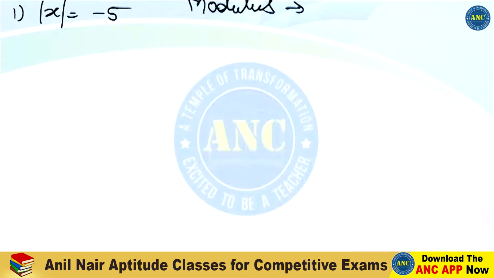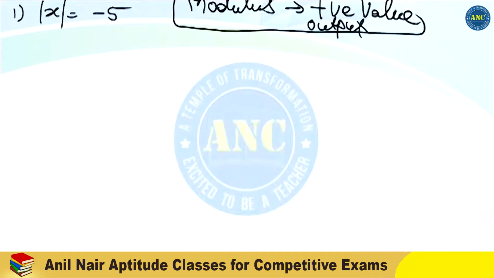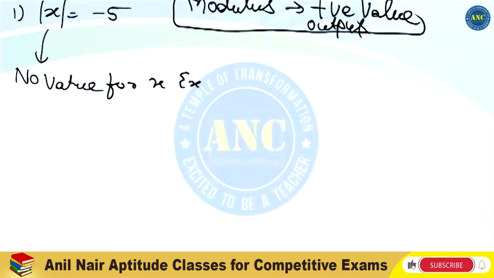Modulus is an absolute value, absolute value is distance, and distance is a scalar quantity, so the output will only be positive. So the answer is no value of x satisfies this equation.